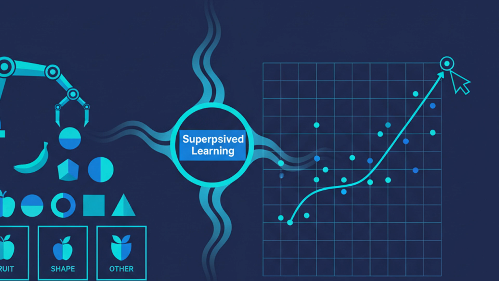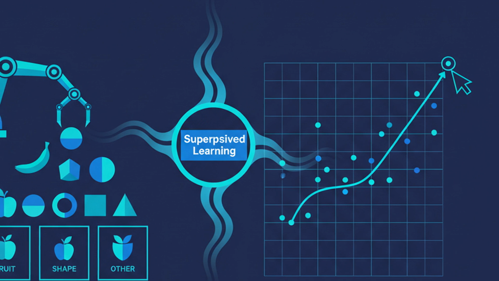Supervised learning actually splits into two subtypes based on what you're predicting. When the output is a category, like spam or not spam, cat or dog, approve or reject a loan, that's called classification. You're sorting things into buckets.